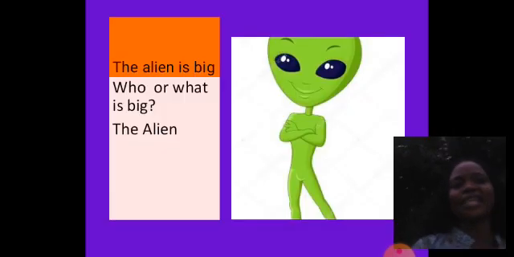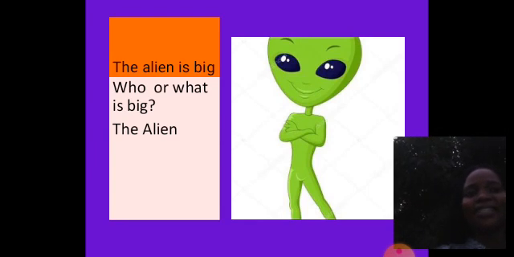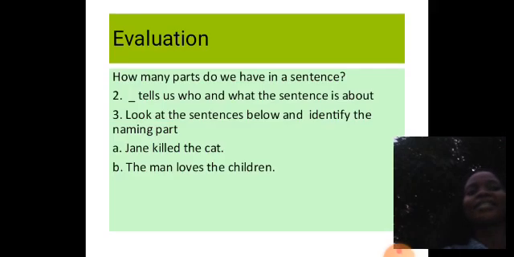And the last sentence says, the alien is big. So the question should be, who is big? Or what is big? Guess the answer? All right, the alien. Bravo, that's so good. The alien is the naming part in that sentence.